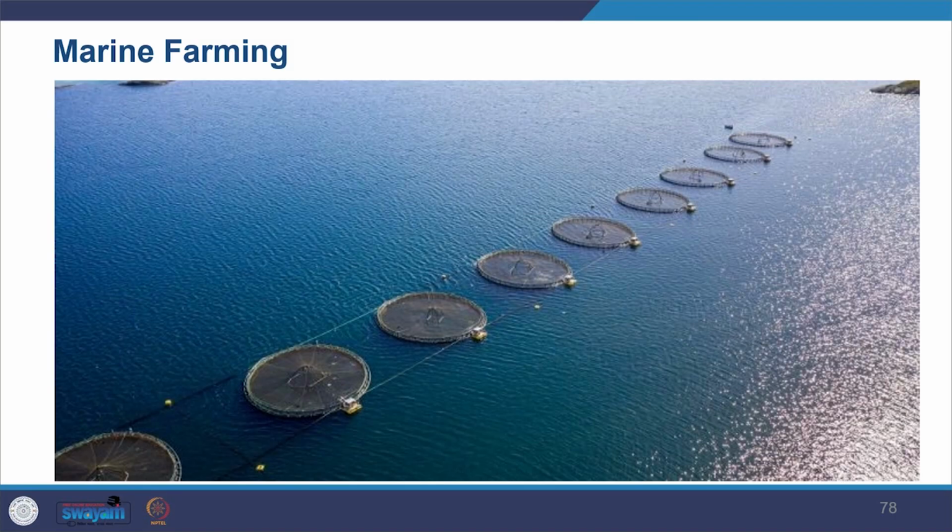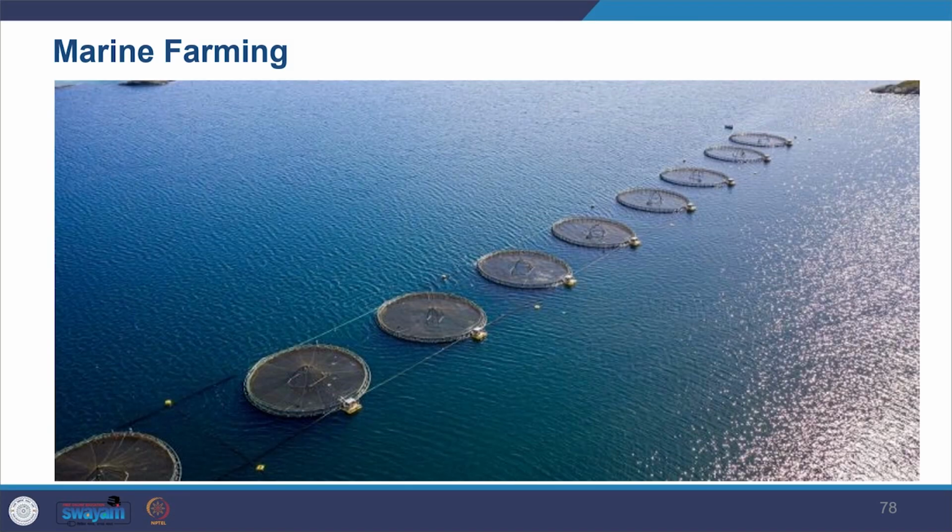So we had seen a range of impacts when we studied the environmental status. Marine farming has high potential to lower the water quality, because of the cages which are created, and one relies on chemicals and pest control and so on, a lot of medication which happens.